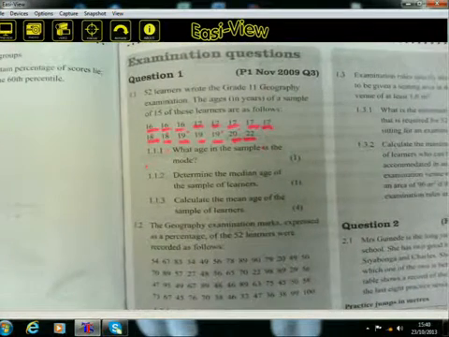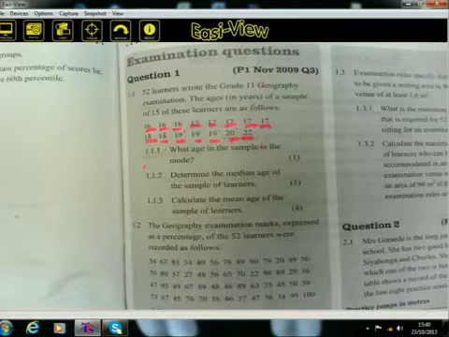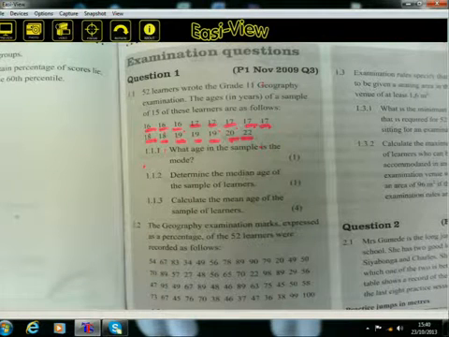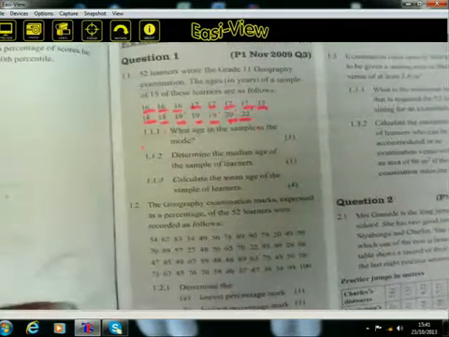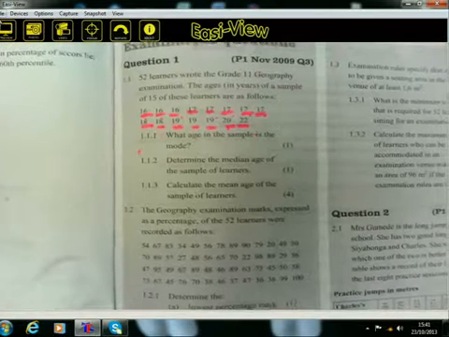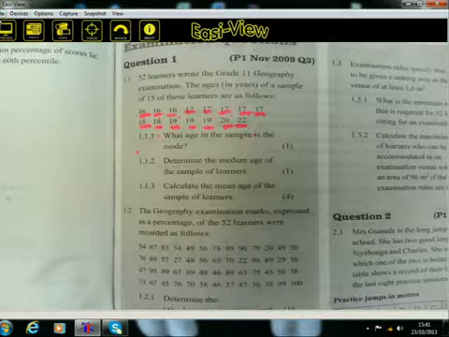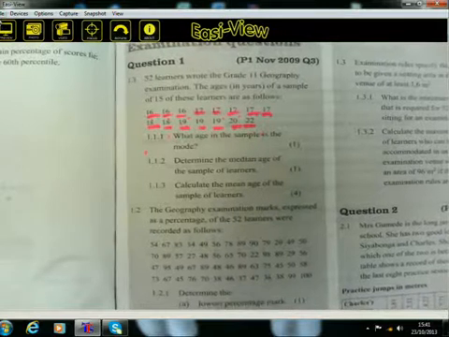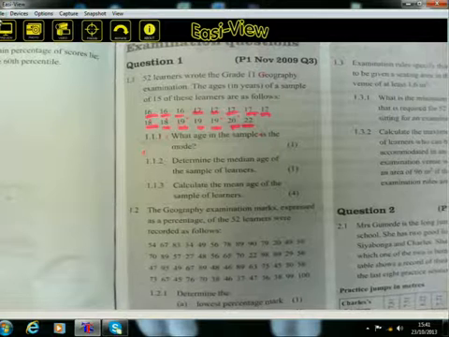Now, let's check it again, where we need a mode, a median, and a range. The second question says, determine the median age of the sample of learners. Remember, we said the median is the center one.